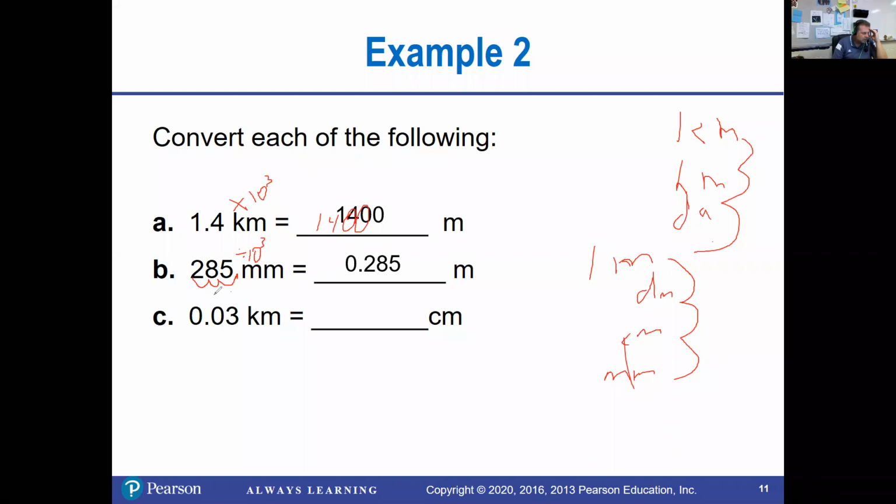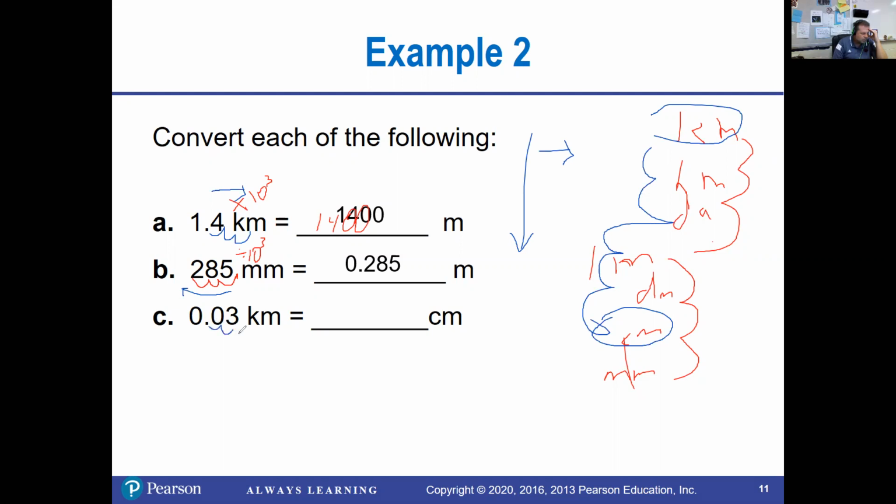If we get into a bigger unit, you're going to move the decimal over to the left. But if you're going from a big unit to a smaller unit, you move the decimal over to the right. So kilometer to centimeter is from here to here, which means if I'm going down, we're going to move the decimal to the right: 1, 2, 3, 4, 5.